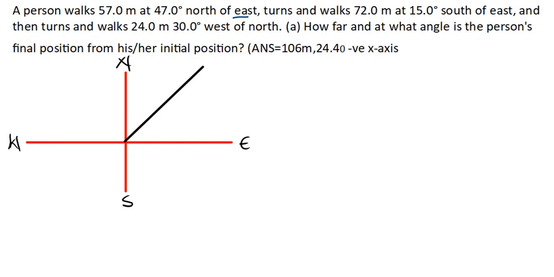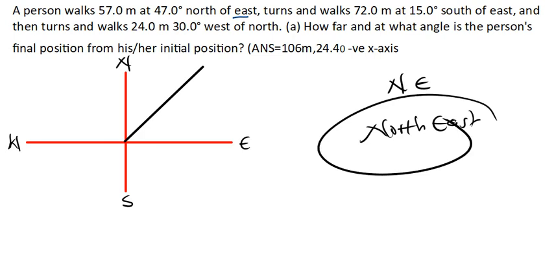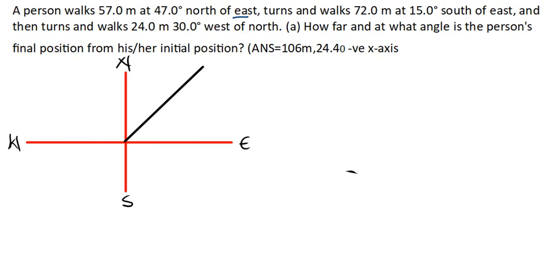If you have been given a statement which says you have a vector lying northeast, just northeast, not north of east, meaning the angle is in between north and east, in that case, it is 45. But in this case, north of east, the angle is nearer east than north.